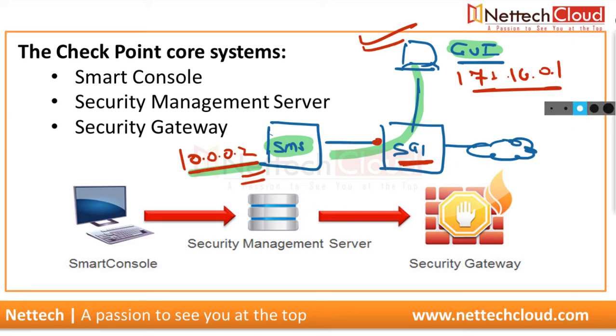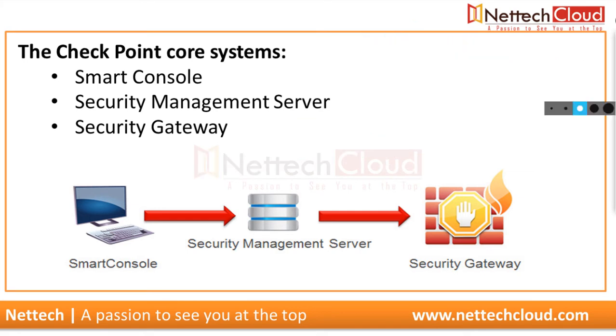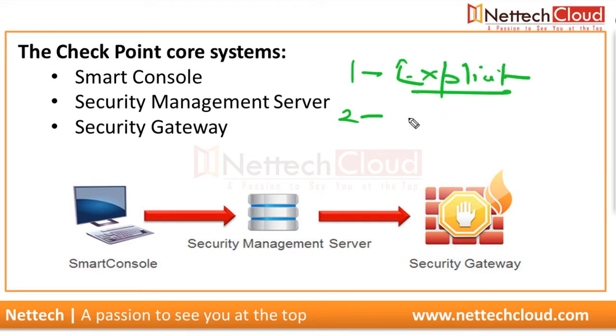Why? Because in Checkpoint firewall, there are two types of security policies. One is created by the administrator, the explicit security policy, and the other one is implicit, default, created automatically.